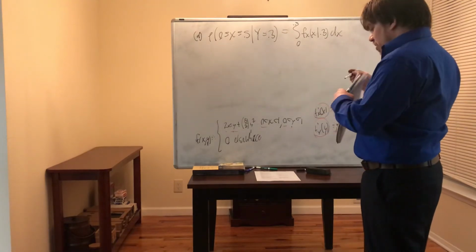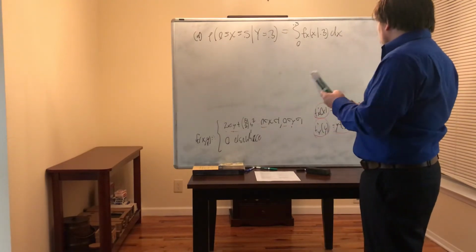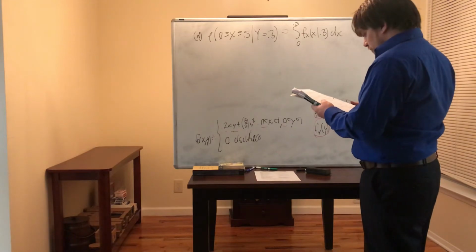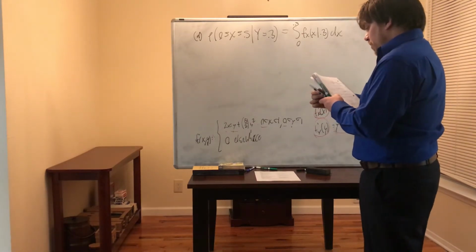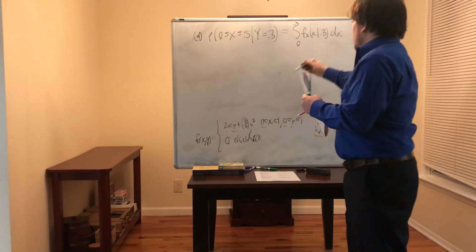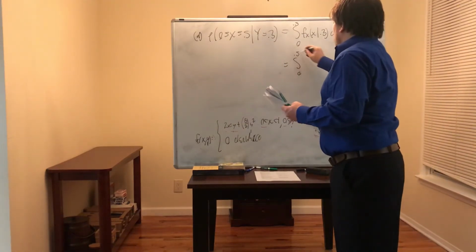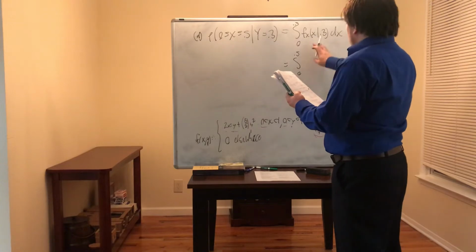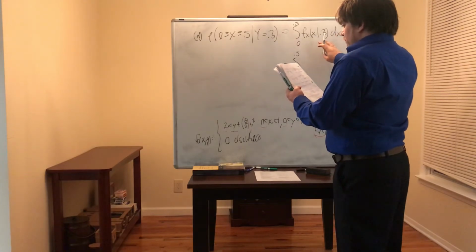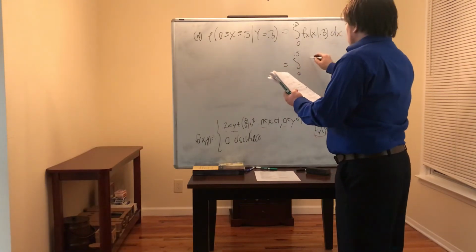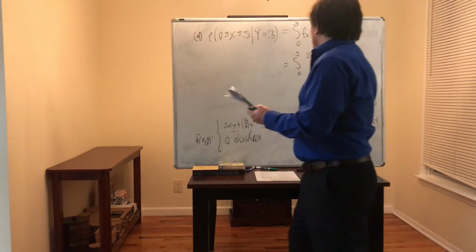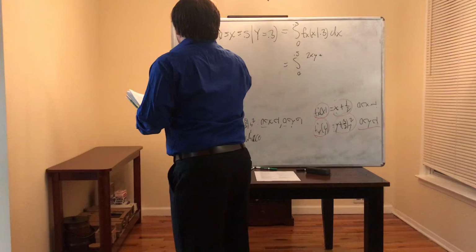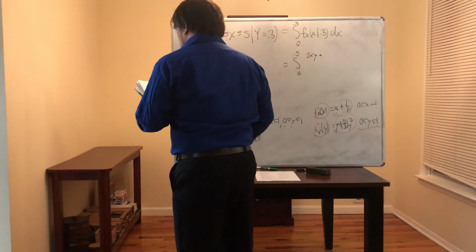And so what's f sub x of x? Oh, okay, I wrote that before, right? Okay, so we found before that f sub x of x given y is equal to the fraction f of x comma y over f sub y of y, found earlier.